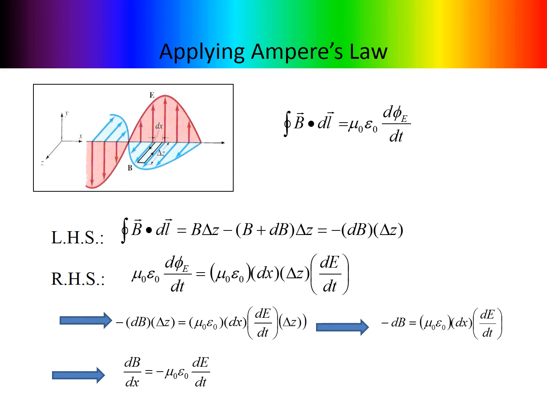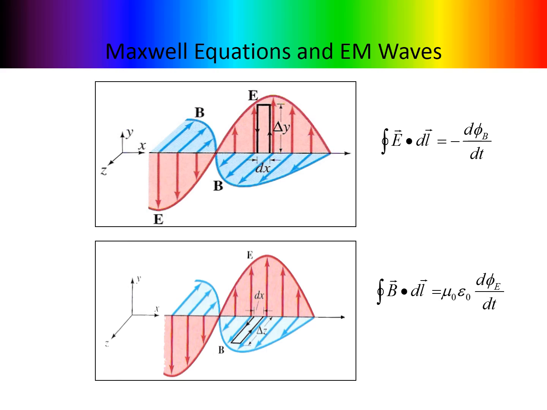So now we have this equation plus the one we derived from Faraday's law. What are we going to do with these? Taking the two pictures and applying Faraday's law and Ampere's law gives us these two equations.